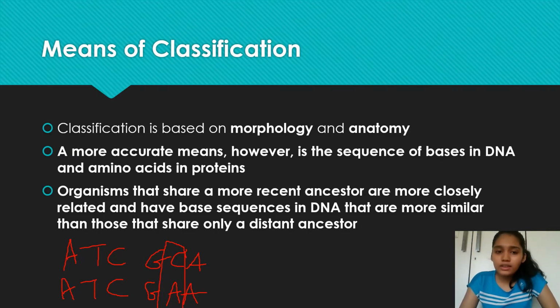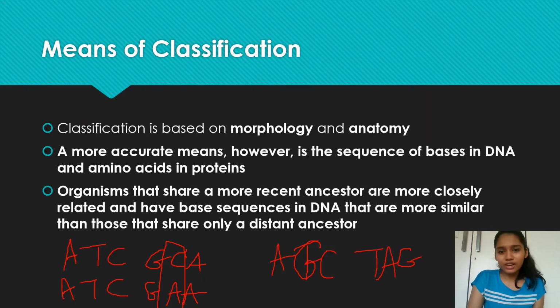And if another organism has the code A, G, C, T, A, G, you know that they're not related at all because the base sequence is completely different.